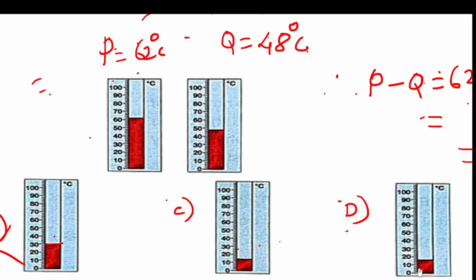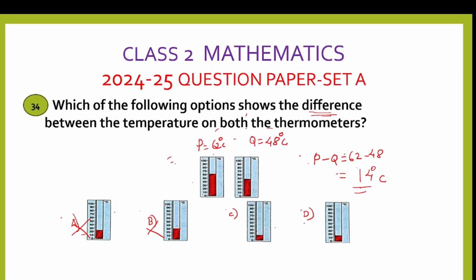But in option D, there are 1, 2, 3 and 4 lines, so option D is not correct. The answer is option C, because there is a 14 degrees Celsius temperature. In option D, there is an 18 degrees Celsius temperature, which is not correct. So the answer for this question is option C.